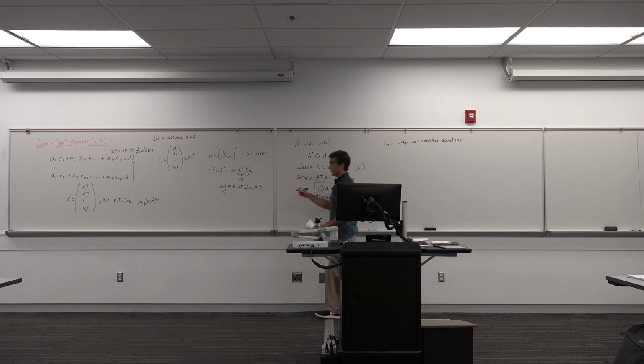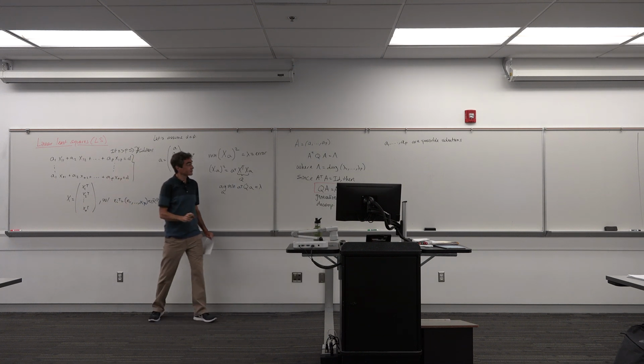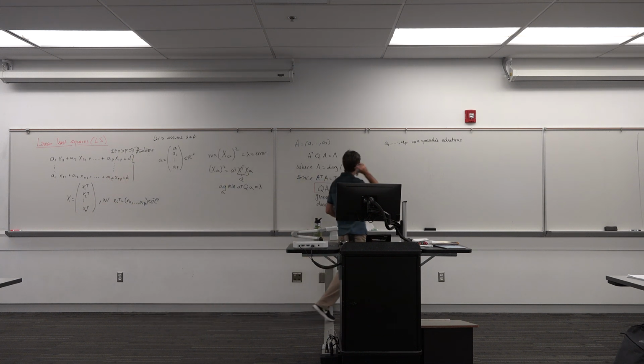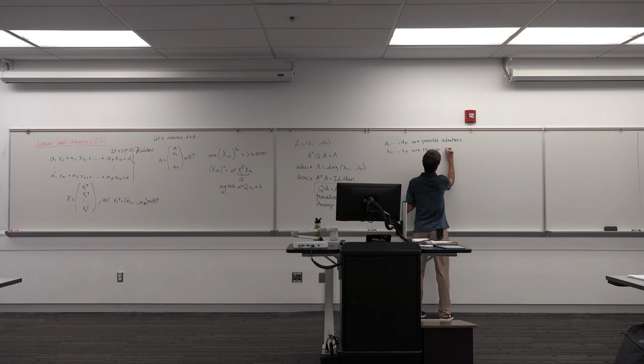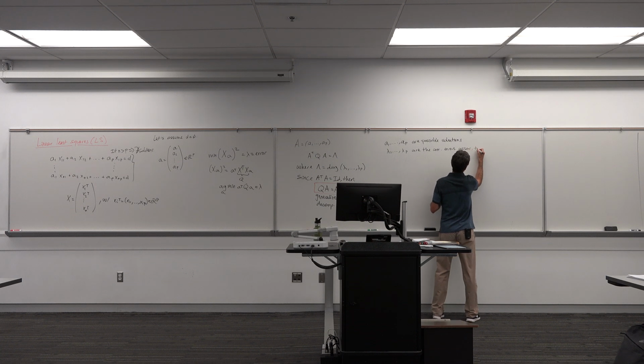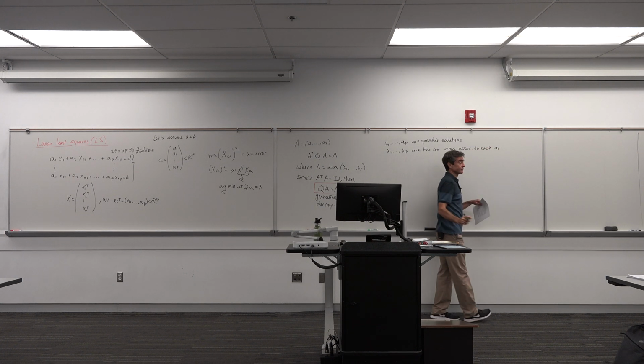And which, remember, is solving this system of equations. That's our problem, right? And lambda 1 through lambda p are the corresponding errors associated to each AI, right?